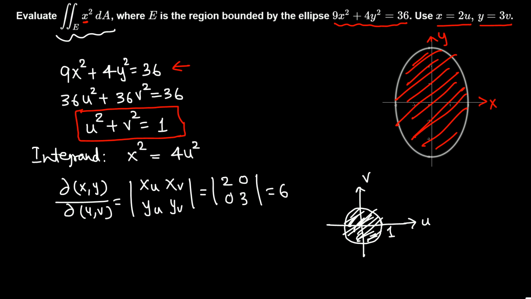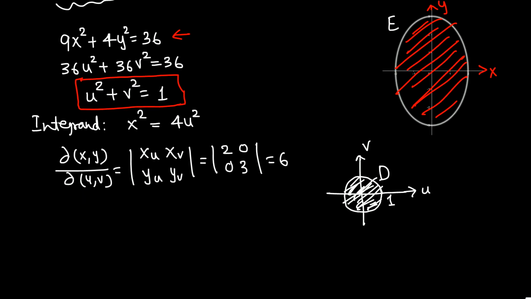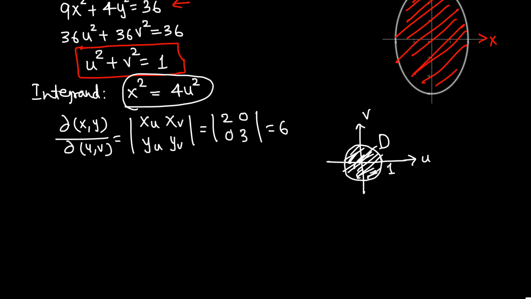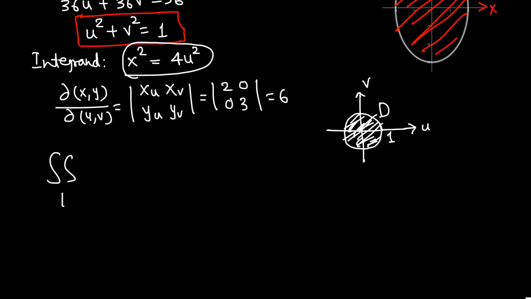And this new region, let's say D. This was E, now we have D. And we change this x squared, here is the integrand. So originally we had x squared dA.